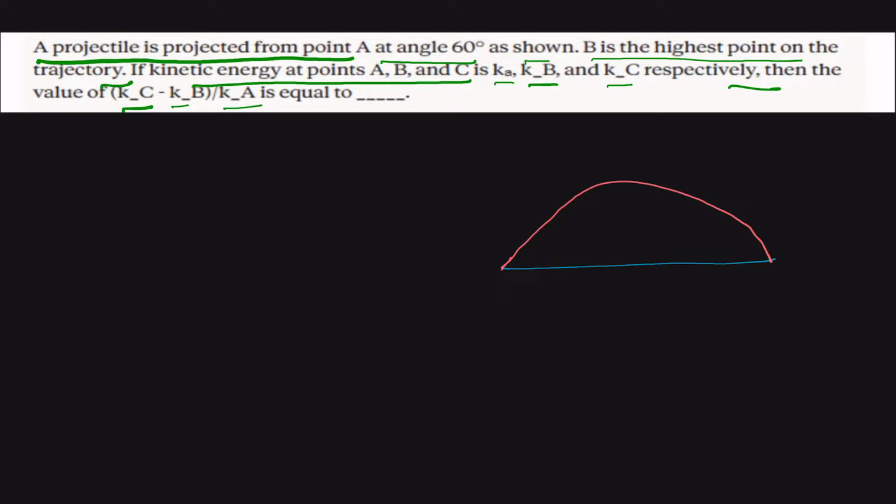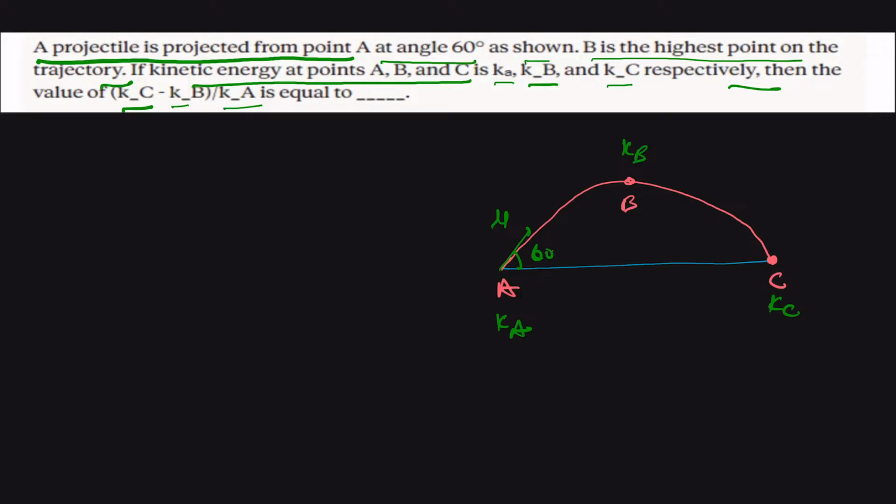This is point A, the highest point is our B, and once again the same level point is C, and here it is given a velocity u at an angle of 60 degrees. Kinetic energy at A is called Ka, at B is Kb, and at C is Kc.